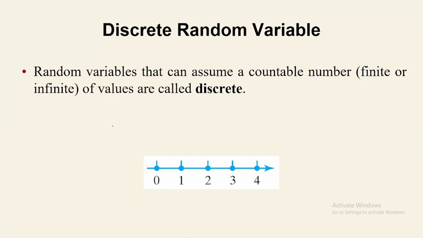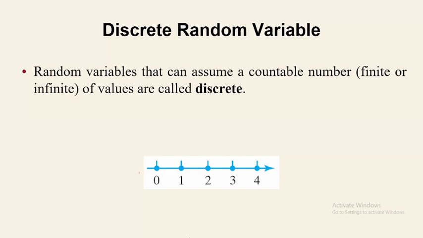This is called discrete. We can mark these as points on the number line. For tossing two coins, the number of heads has 3 possible values, 0, 1, 2. So that is a discrete random variable.